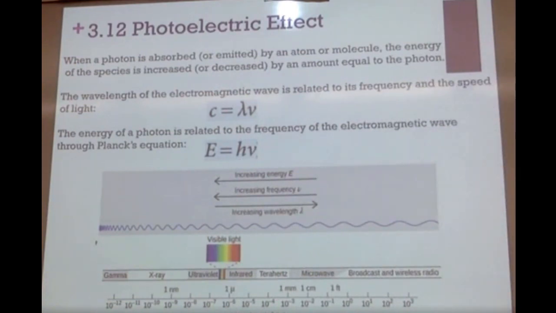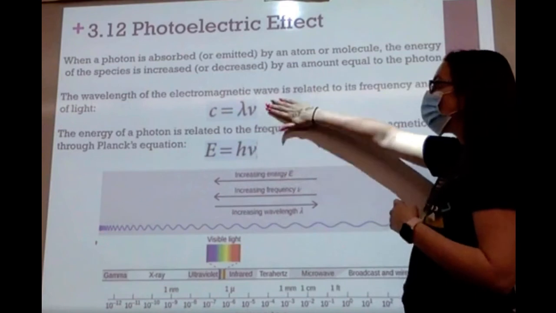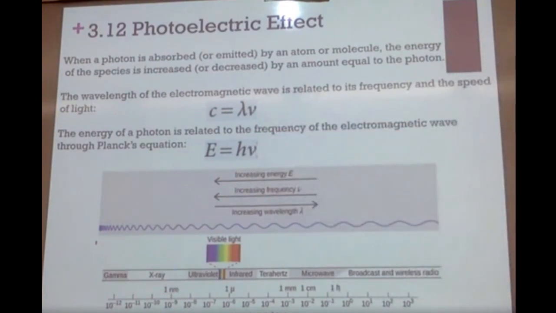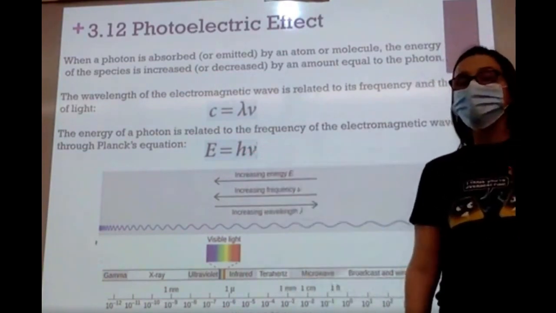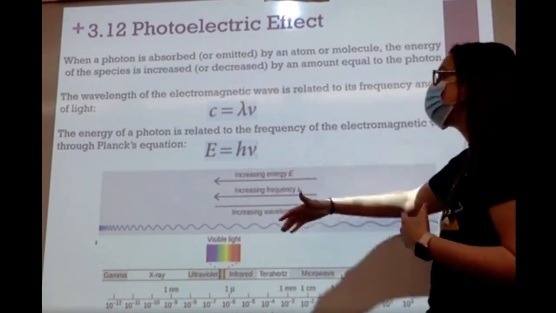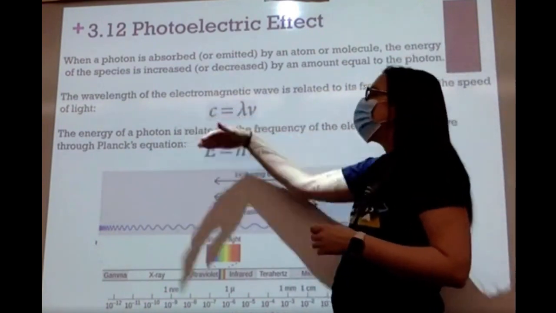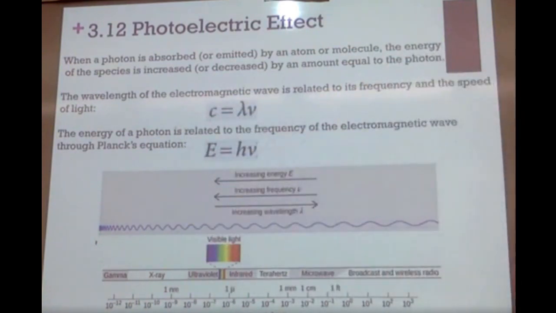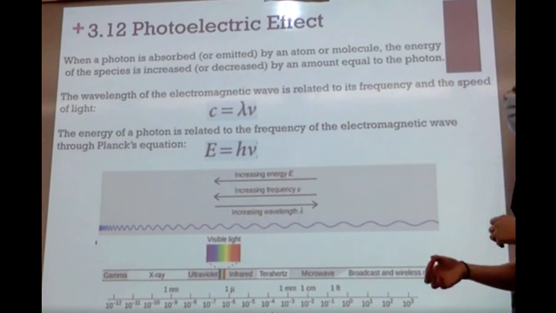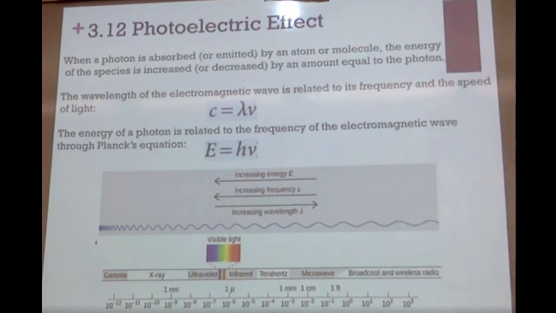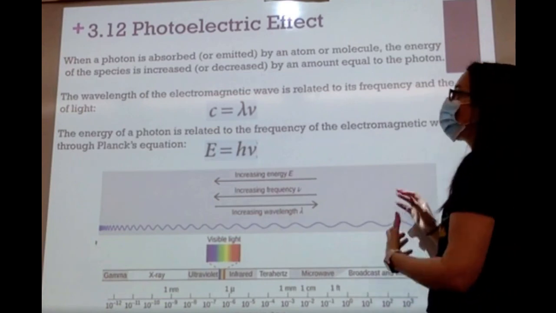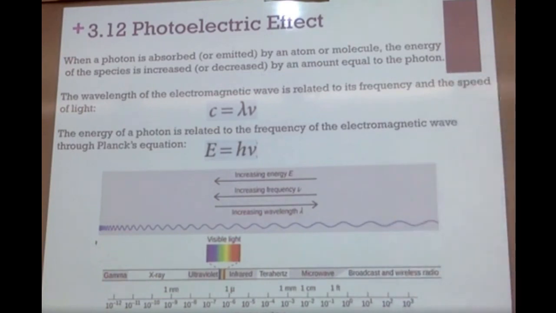The biggest thing with these two formulas is paying attention to units. Energy is joules. Frequency is hertz, which is per second. Speed of light is in meters per second. A lot of times wavelength is in nanometers. So you just have to pay attention to your units as you're working through calculations with the photoelectric effect.